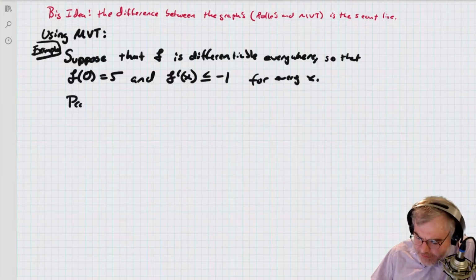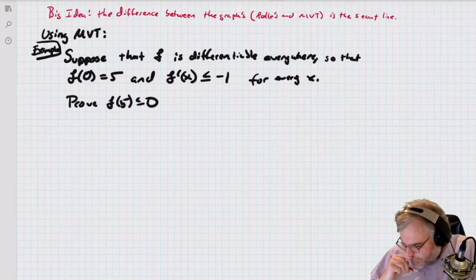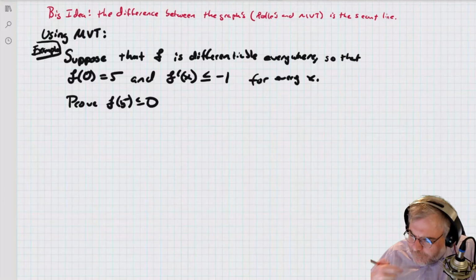Prove f of 5 is less than or equal to 0. So here's the idea, and the big idea is I can't get lower than the line.